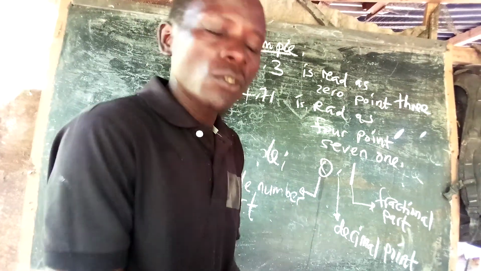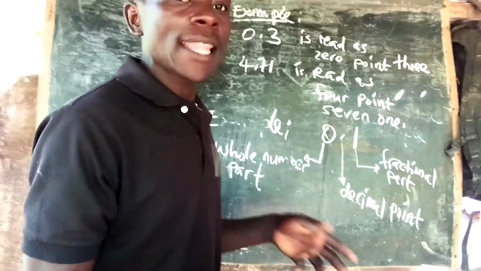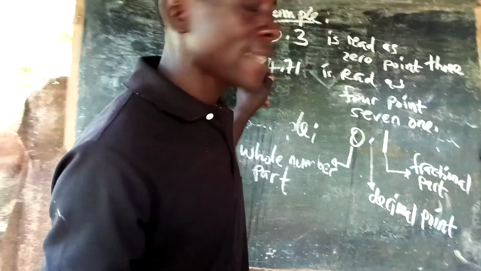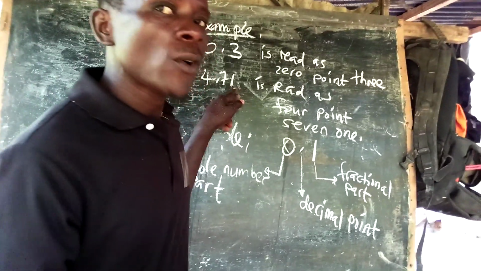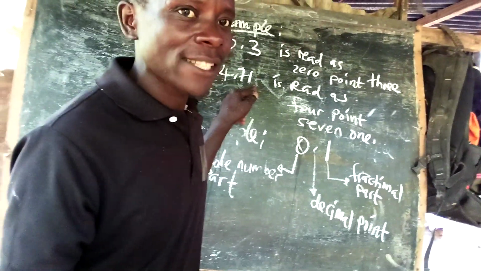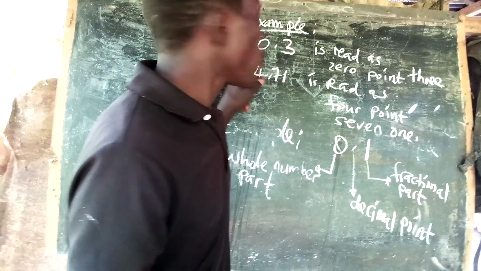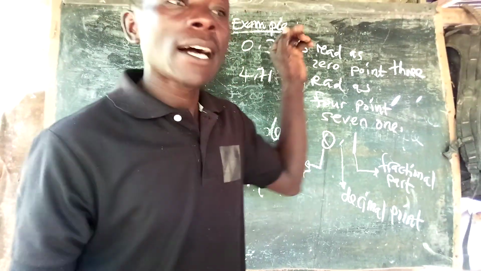Do not combine them as other numbers. We say four point seven one. We don't say four point seventy-one. No, that's not allowed in mathematics. All digits on the fractional part are read singly.